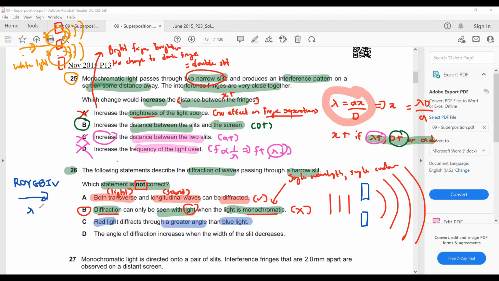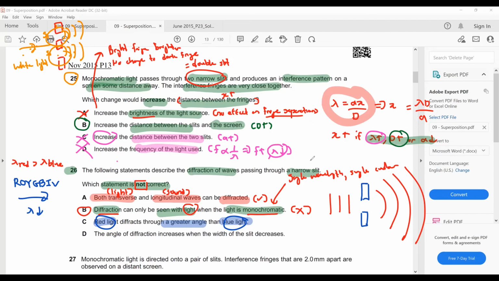Wavelength decreases from red light to blue light. What you do understand was that the wavelength of red light is more than the wavelength of blue light. Okay, so they're saying right now that red light will tend to diffract at a greater angle than blue light. It will tend to spread out even more than blue light.